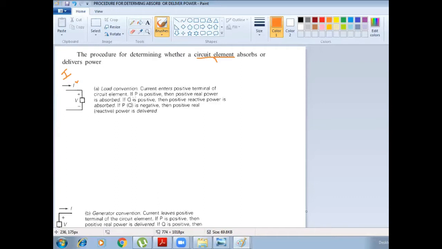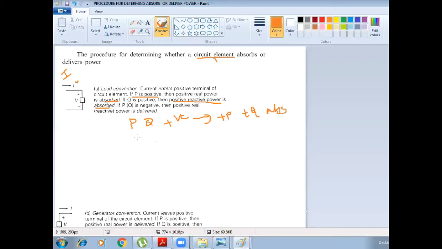Now, if P is positive, then positive real power is absorbed by the element. If Q is positive, then positive reactive power is absorbed by the element. If both P and Q are positive, then positive real power and positive reactive power are absorbed.